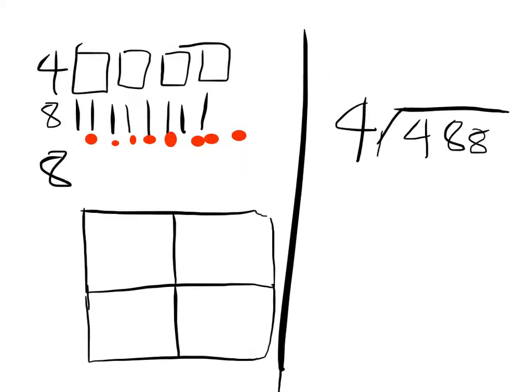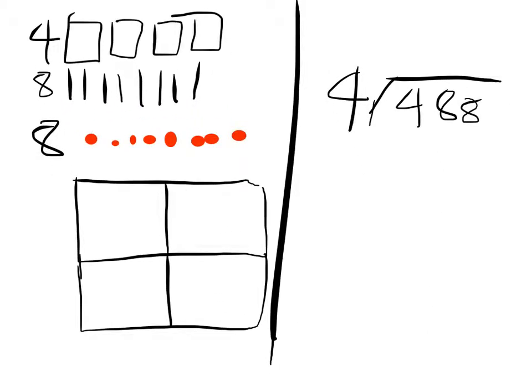We're going to divide these 400 things, 1, 2, 3, 4, by 4, and that's going to be pretty easy because there's 4 of them, and 4 divided by 4 is 1.